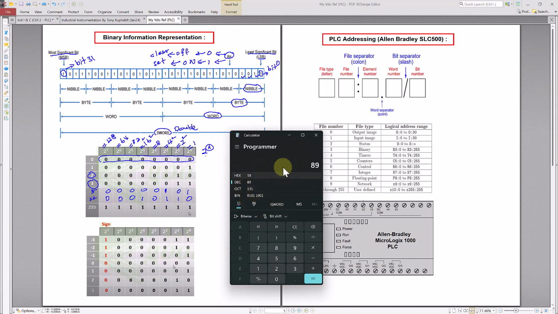You can also use the same calculator to find the equivalent binary value for a given hexadecimal value. Click hexadecimal here, and let's say, just as an example, 5 2 C. You can find the corresponding binary number, which is 010100101100, and the equivalent decimal value for this hexadecimal value is 1324.